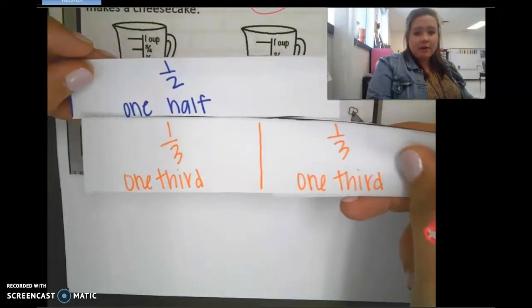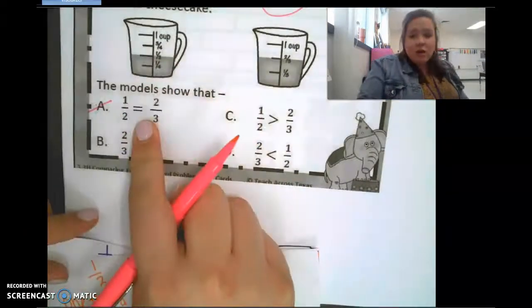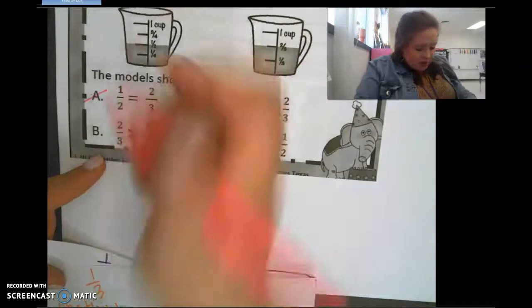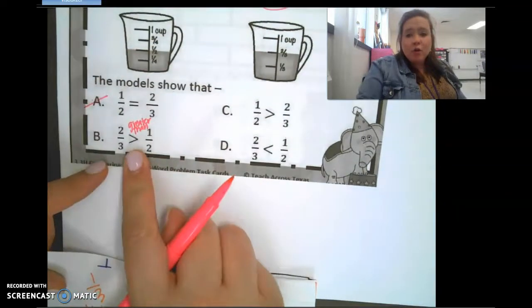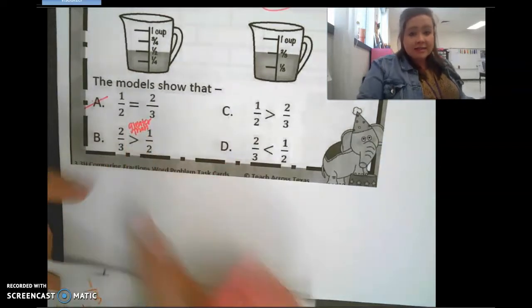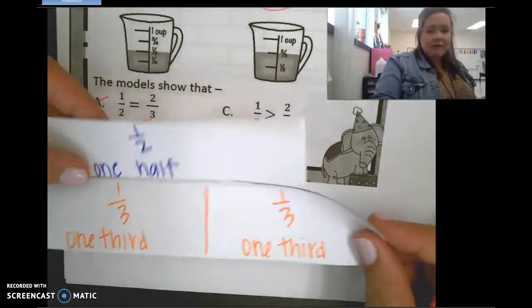So, 1/2 does not equal 2/3, okay? This says 2/3 is greater than. Sometimes writing your words over your symbol is going to help you identify what that symbol is asking you. So 2/3 is greater than 1/2.